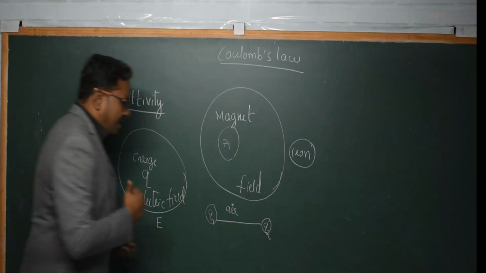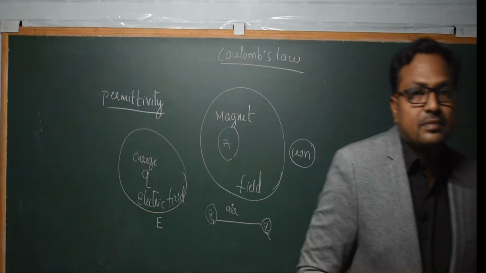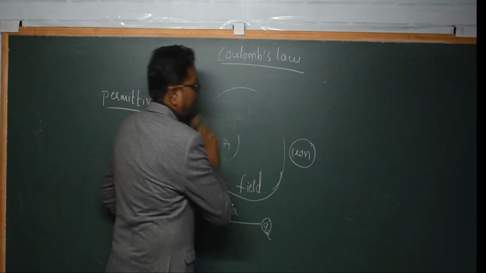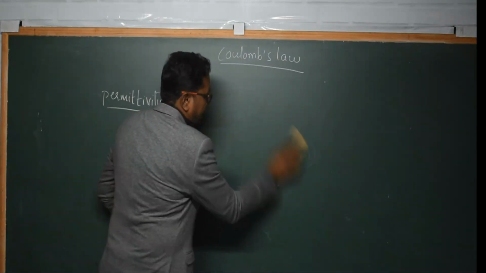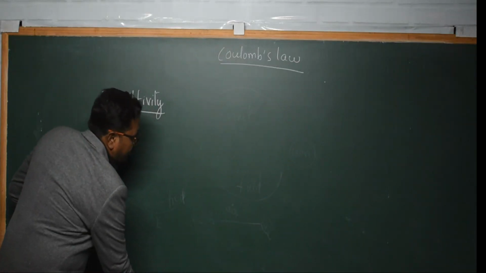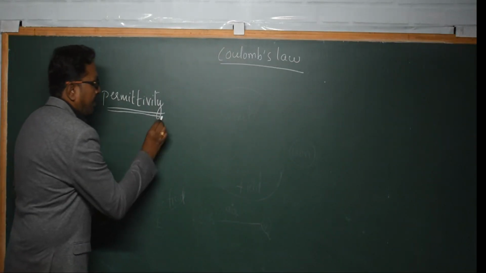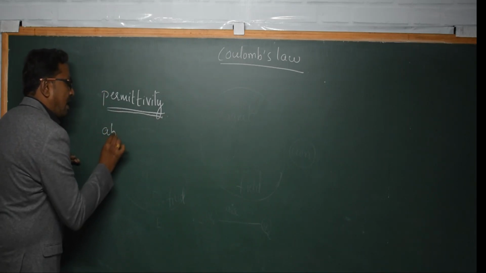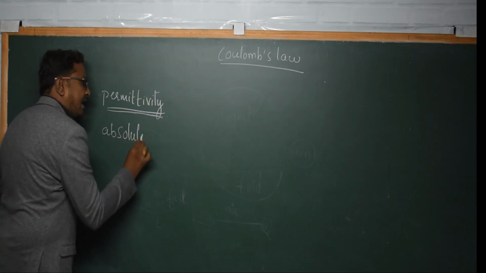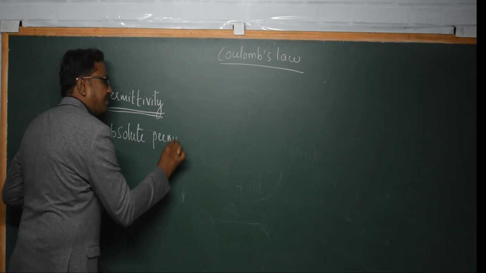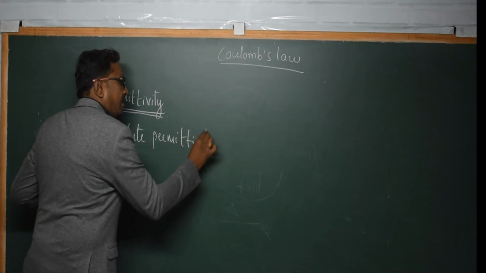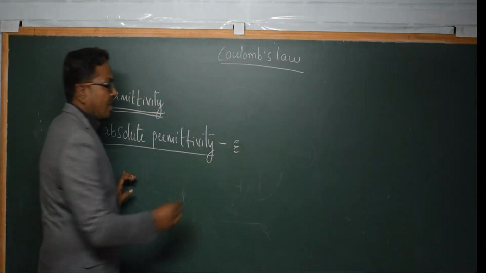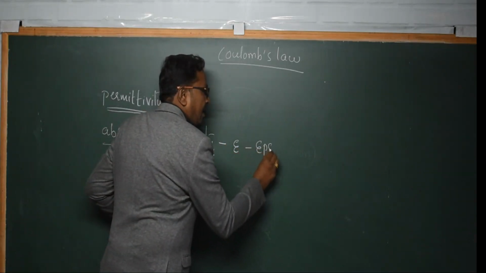Okay, let's see this. This permittivity is also called absolute permittivity, which is denoted by epsilon.